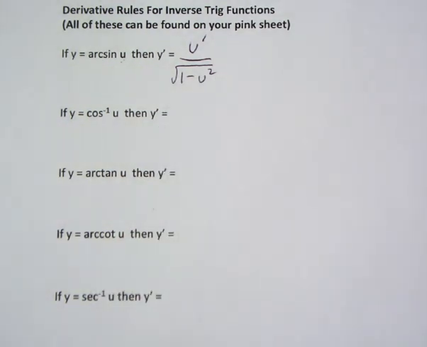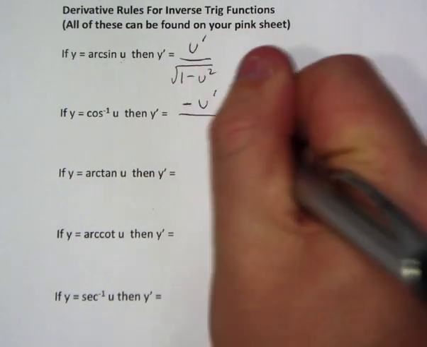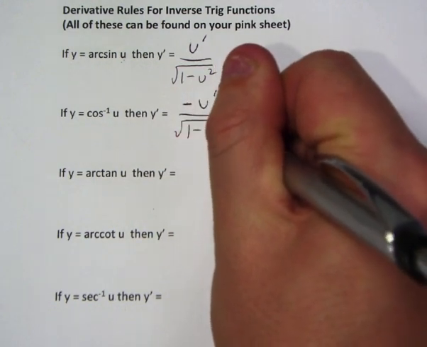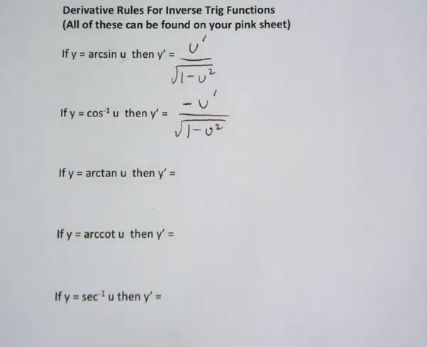And we just write it in that form. The derivative of inverse cosine is negative u prime over the square root of 1 minus u squared. So it's the same rule, but this one's negative. And you'll find that happens for the other three functions, that it's the same rule, but one of them is always going to be negative. So that's kind of nice, kind of limits the memorization.